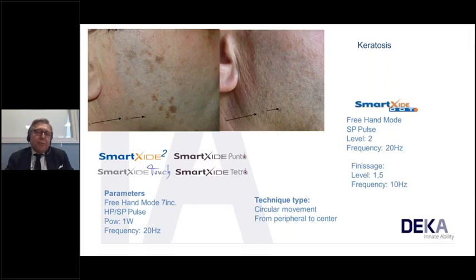We use freehand mode with a 7-inch, of course the largest spot size, that allows us to vaporize the lesion. We can use the HP or SP pulse and the power around 1 watt with a frequency of 20 hertz. With the previous one, SmartXide dot, we use freehand mode with SP pulse level 2 at frequency 20. This is a comparison of the old and the new ones.